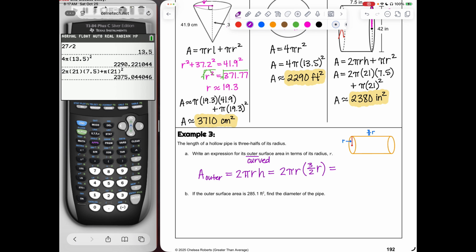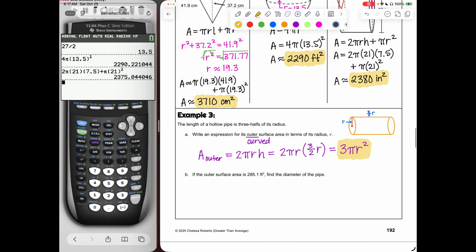If I simplify that, 2 times 3/2 is 3, the pi would be multiplied, and r times r is r squared. So it simplifies to 3 pi r squared. That will be the expression for the outer surface area of the cylinder.